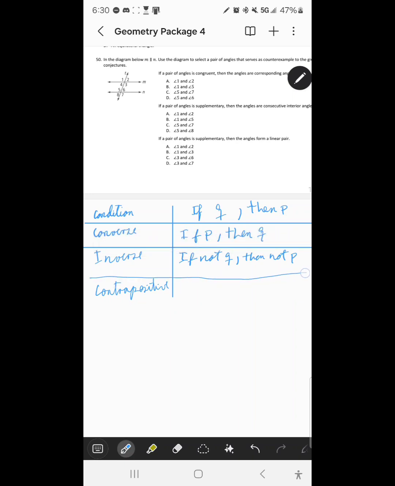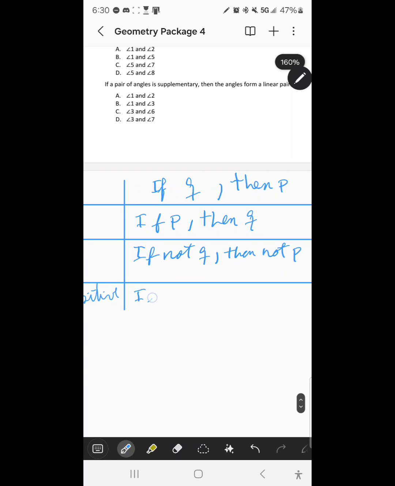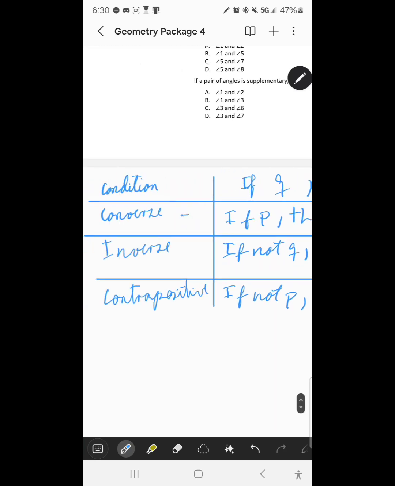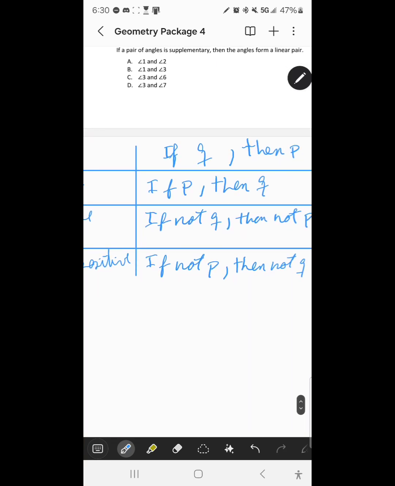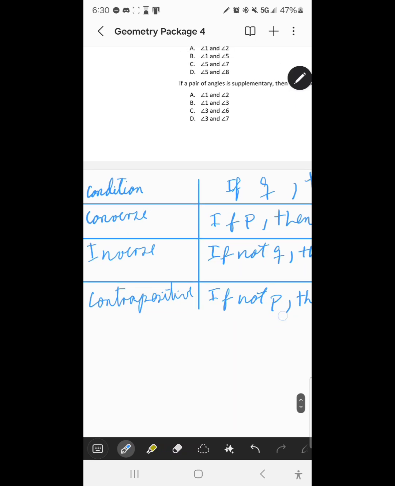And then the contrapositive: if not P, then not Q. It's like reflecting, taking the thing that was at the end, putting it at the beginning, but also saying the not. So the contrapositive is just both the converse and the inverse together.